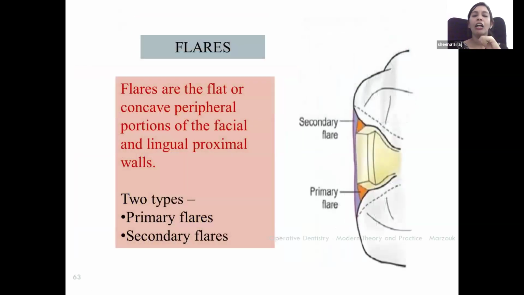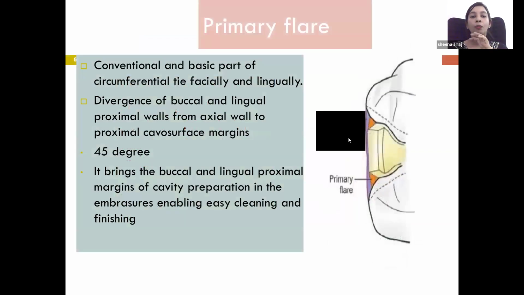Now, what is a flare? Flares are the flat surfaces or a concave preparation on the facial and lingual proximal wall. There are two types. Primary flares are the very conventional flare, and the one seen on the outside is called the secondary flare.